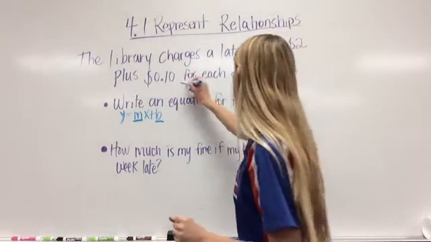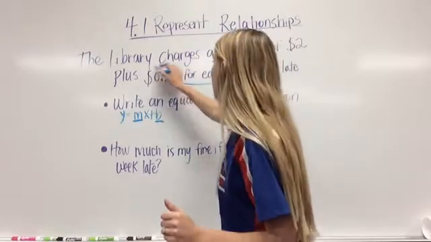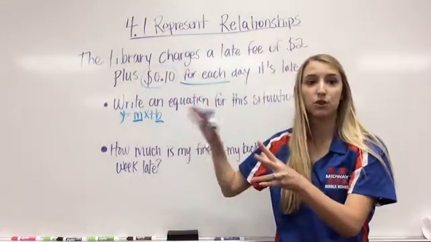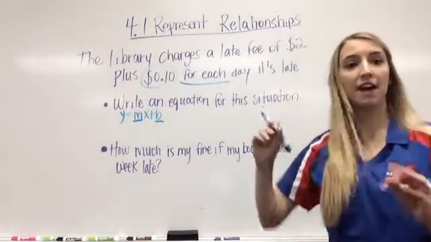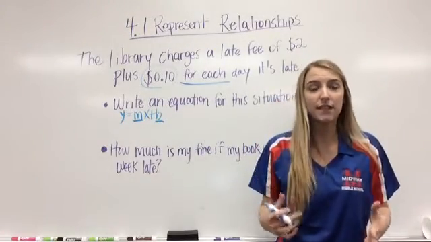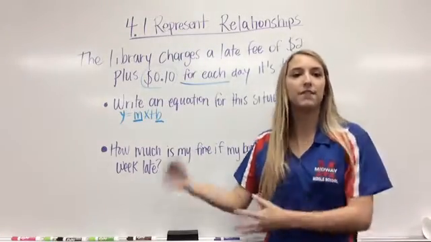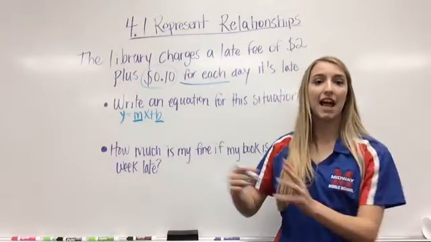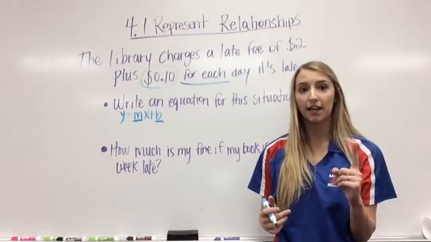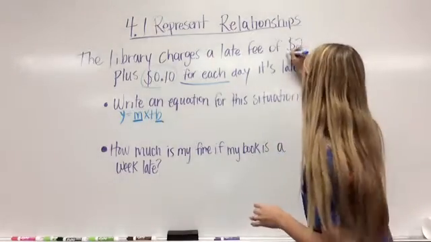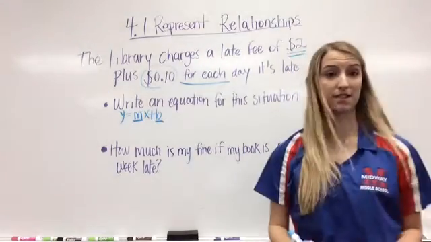So I see for each, that makes me think this could be something to do with slope. Okay, so let's change gears. Whenever we have a number that's standing by itself that says plus a fee of this, or also you have to add this onto it, it's a one-time fee that you pay. Okay, that could be our y-intercept.